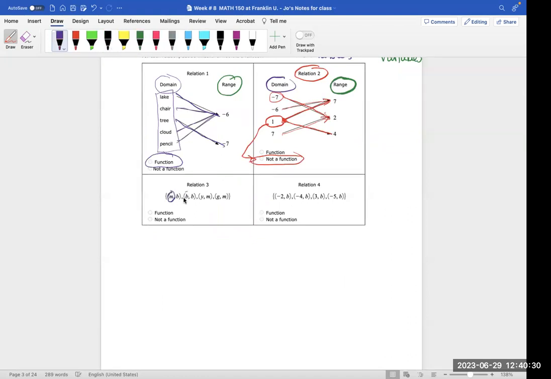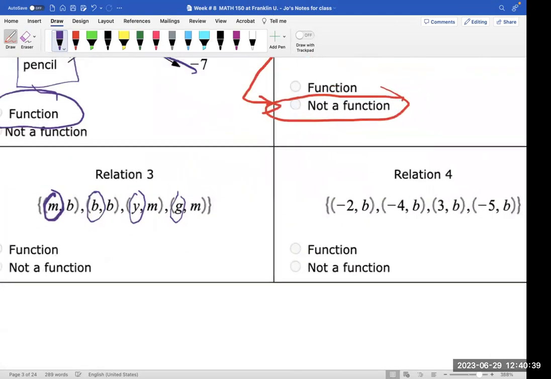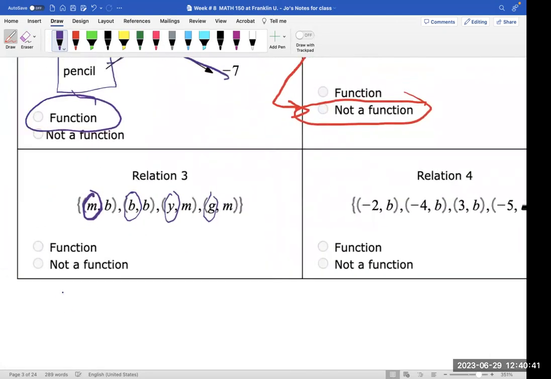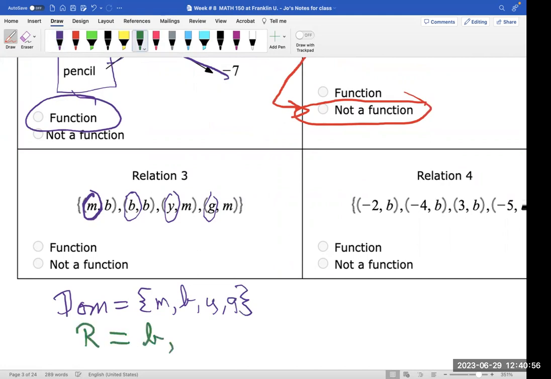Here my inputs, my domain are M, B, Y, G. Let's make this a little bigger. Okay. So the elements of my domain is the set of all variables M, B, Y, and G. The elements of my range or output are B and M, and that's it. Is this a function?